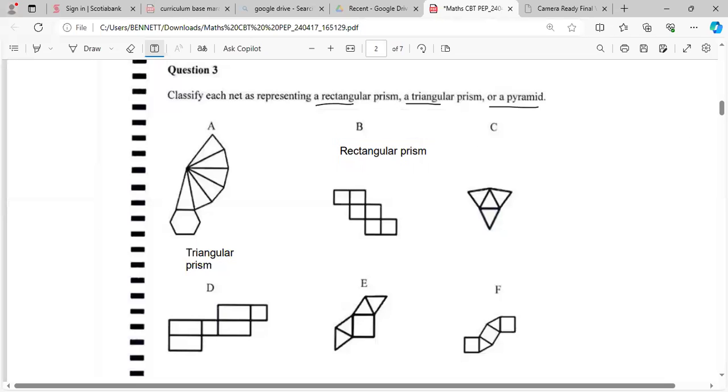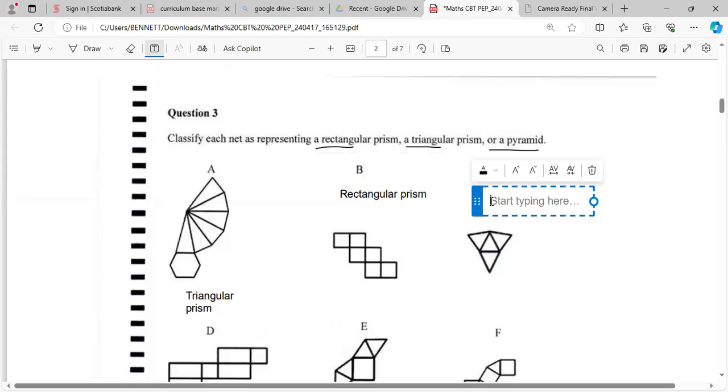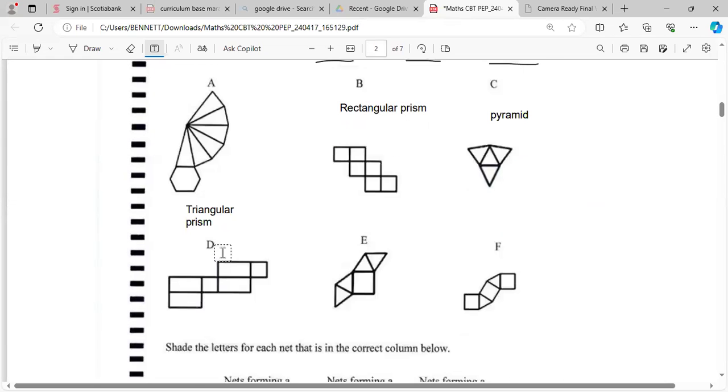Alright, what about C? For C, I got pyramid. Alright, thanks. What about D? For D, I got rectangular prism.